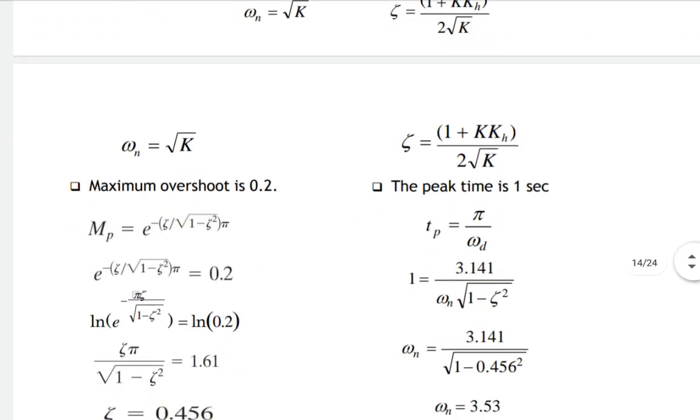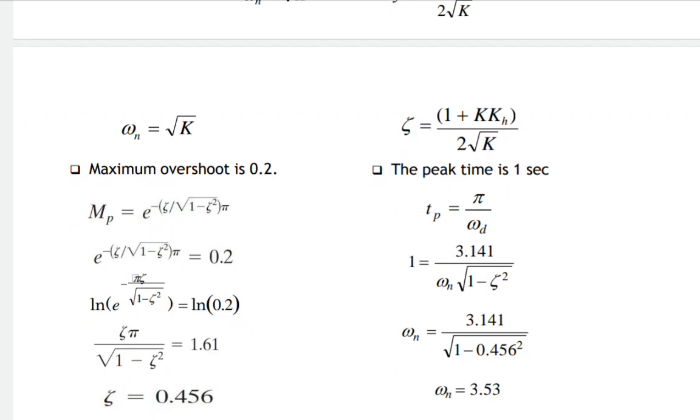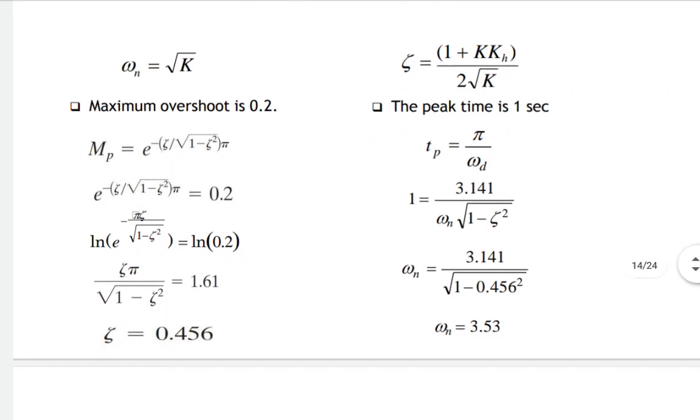Now see, since the maximum overshoot is provided as 0.2, we can rewrite it as e^(−ξπ/√(1−ξ²)) = 0.2, and taking natural log because the exponential is there, it generates ξ = 0.456.